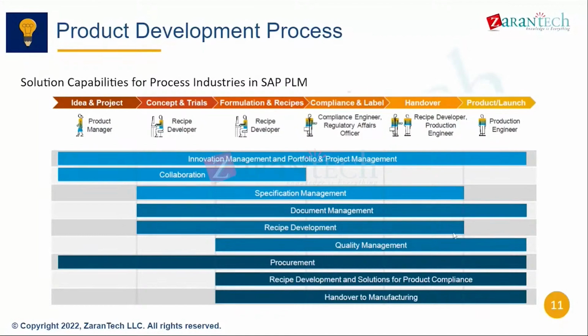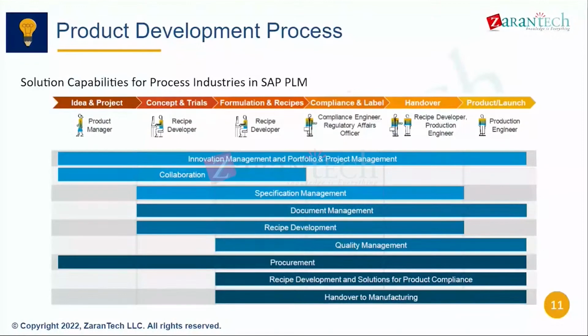If the existing recipe needs to be changed, or a version needs to be introduced, that's how you can see the stage from here to here, the handover. The recipe development module is required here within SAP. You can also see quality management, wherever you need inspection, wherever you need to perform quality checks, where you need to track the losses during manufacturing.